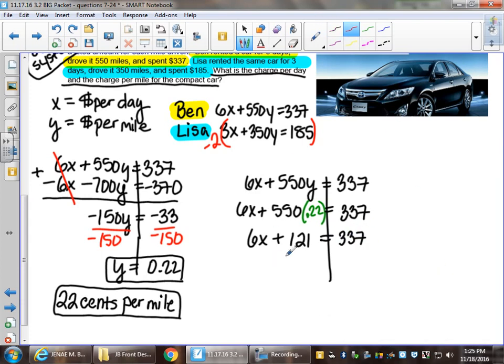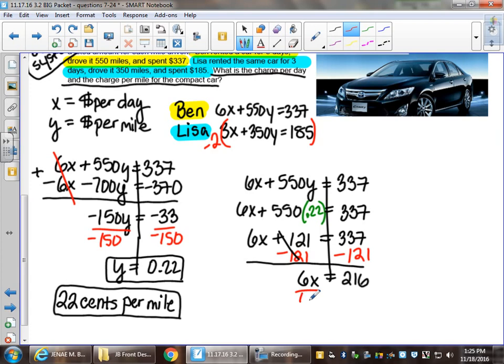We'll subtract 121 from both sides. Draw a line across. This gets us 6x equals 337 minus 121 is 216.